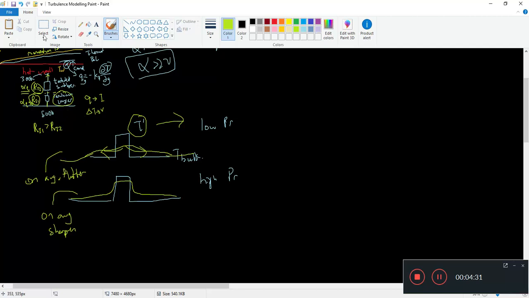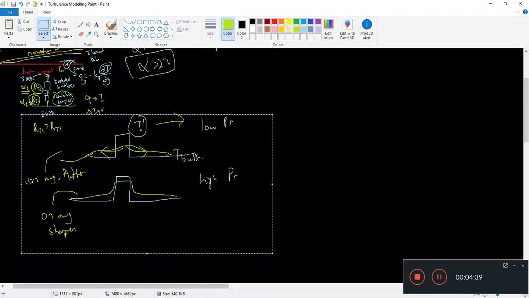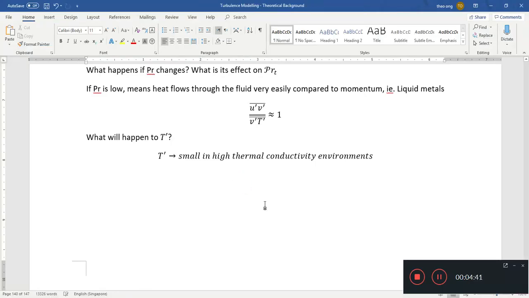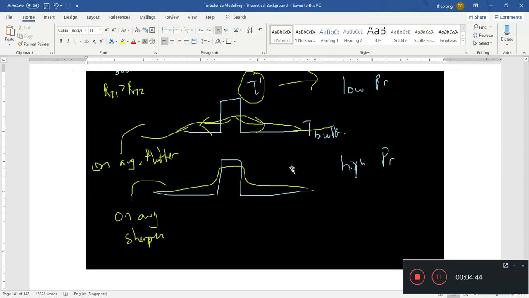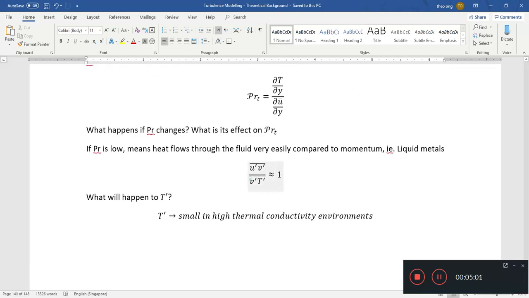If you have a sudden fluctuation in temperature, which fluid is more likely to sustain that temperature difference? A high Prandtl number fluid, being more thermally insulating, will tend to sustain those temperature differences, so higher temperature fluctuations on average will result in this term being high.